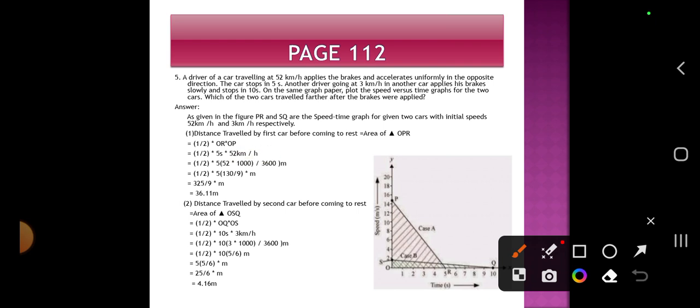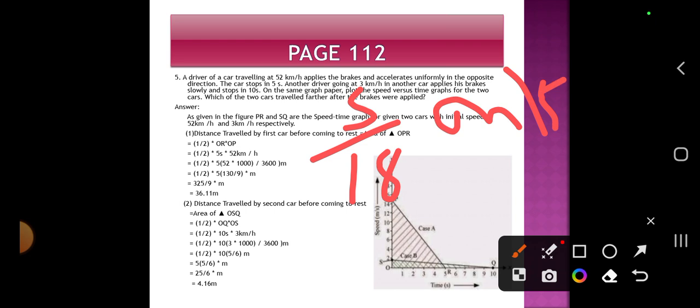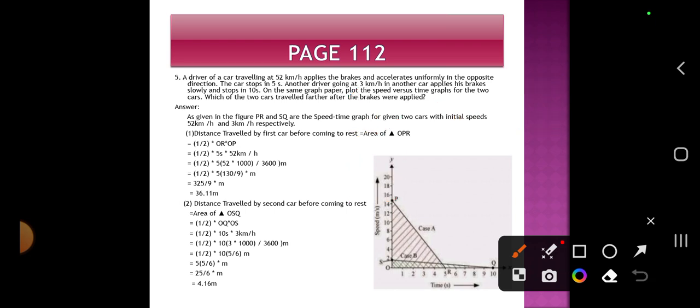As I told you in earlier classes, always multiply by 5 upon 18 to change kilometer per hour into meter per second. So we'll convert this into meter per second, and we will get our answer, that is 36.11 meter.